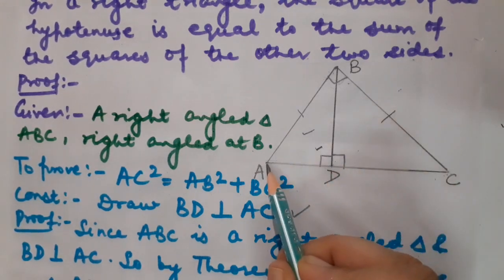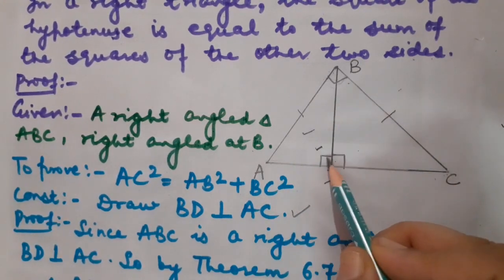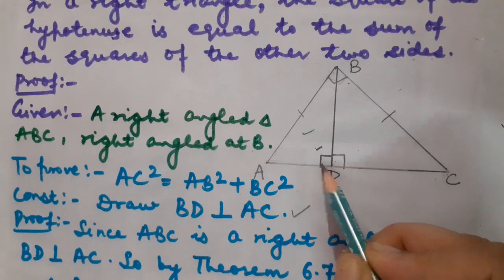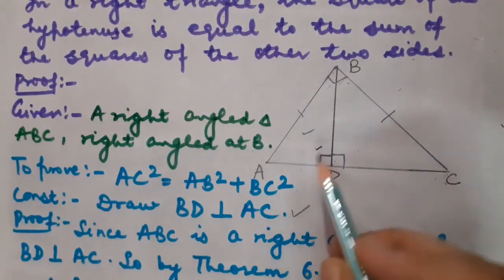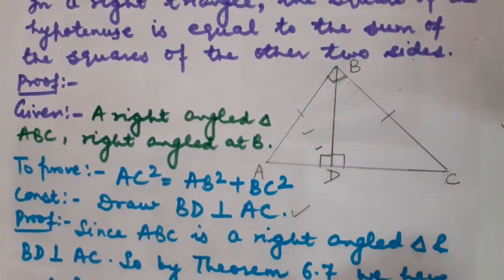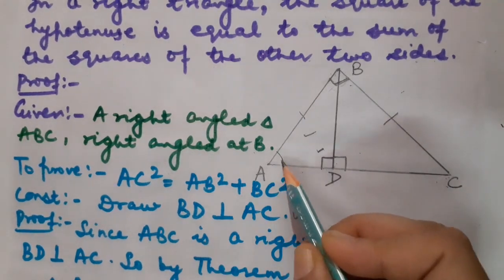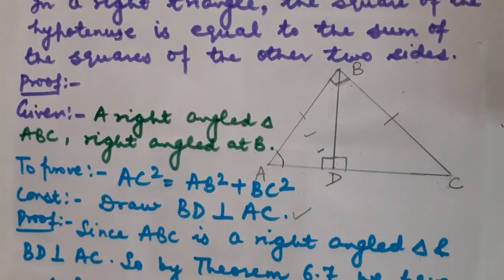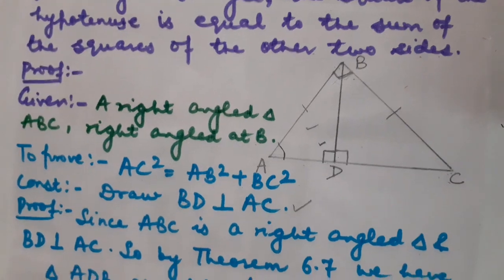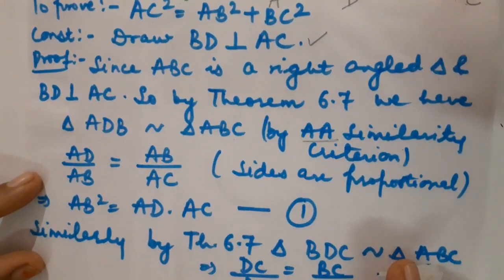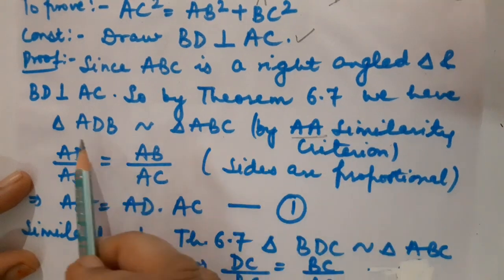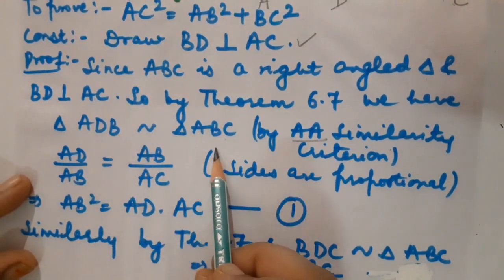So can I say that angle ADB, which is of 90 degree, must be equal to angle ABC? Why? Because B is also of 90 degree. And of course, angle A is common in both. Correct? The same strategy, beta, whatever I have applied in my previous question. So, by double A similarity criteria, I have proved that both the triangles are similar to each other.